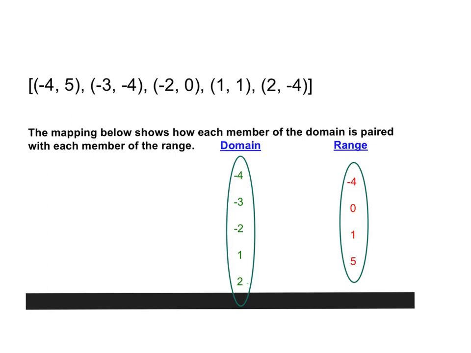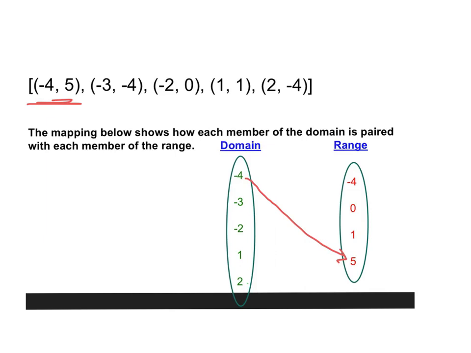So when you construct a map, what you are to do is draw an arrow from the domain to the range. So this first one here, what we say is -4 maps to 5. So what we do is we draw an arrow from -4 to 5, just like that. Okay? That's another way of representing how the domain and range pair together.